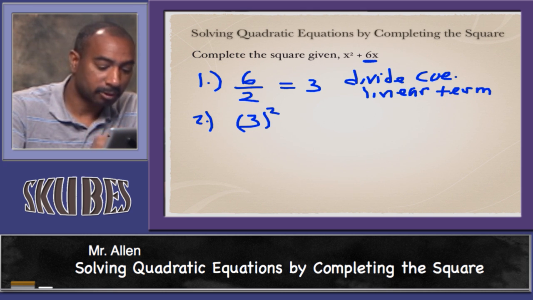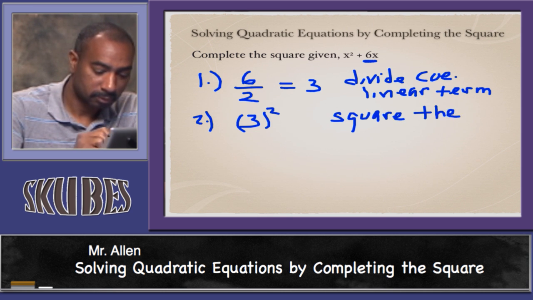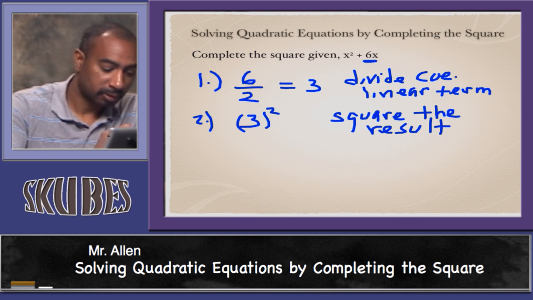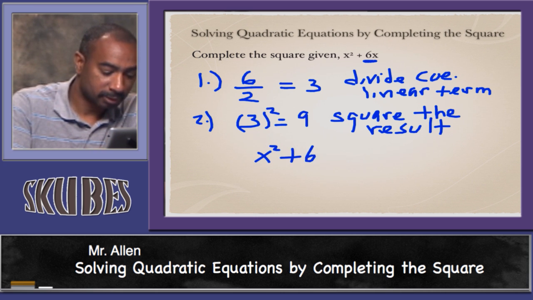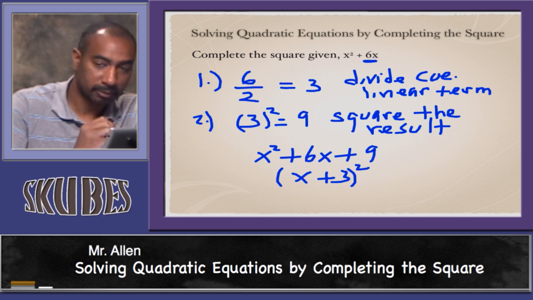And the second step is always square the result. If I square 3, I get 9. So if I complete the square, I'm going to get x squared plus 6x plus 9. Or I can write it as x plus 3 squared.